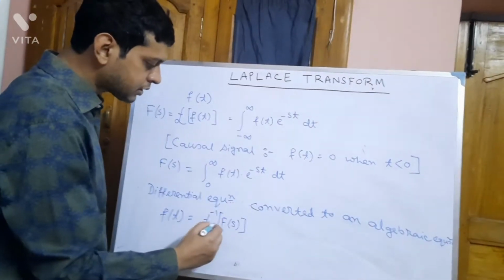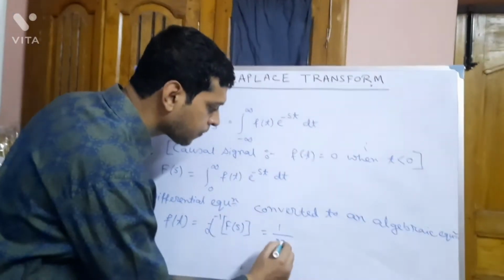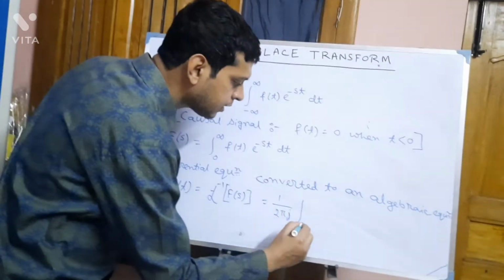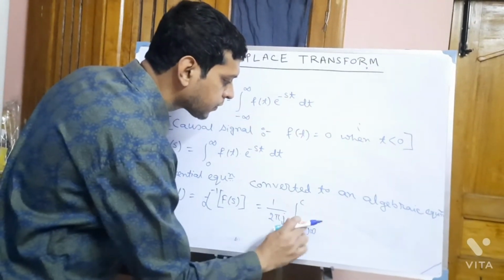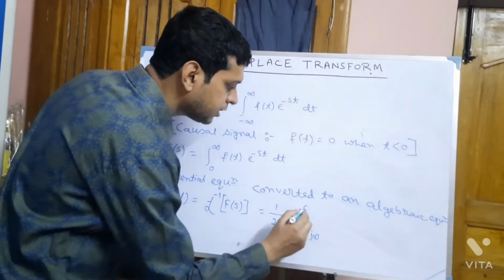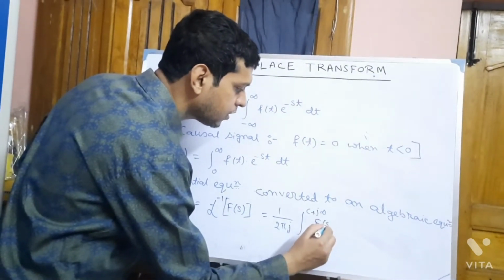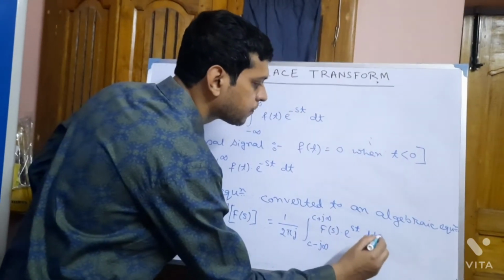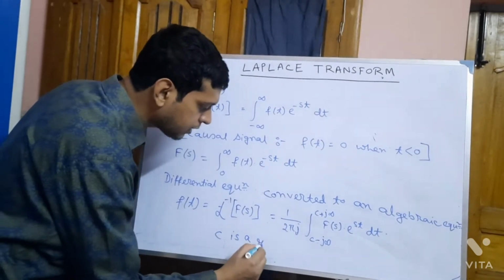Now the inverse Laplace transform of F(s) is defined as 1 by 2 pi j times the integral from c minus j infinity to c plus j infinity of F(s) e to the power st ds, where c is a real constant.